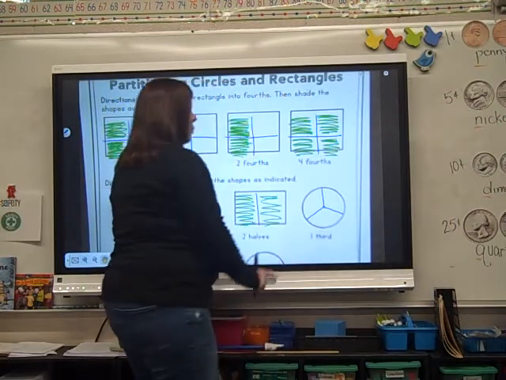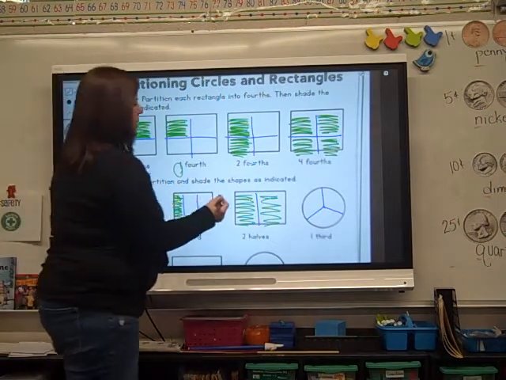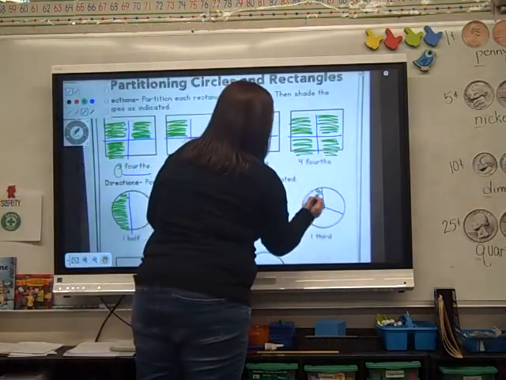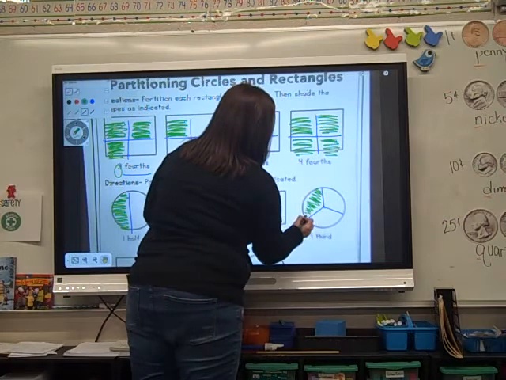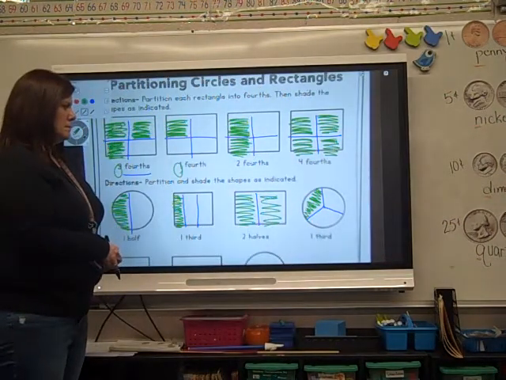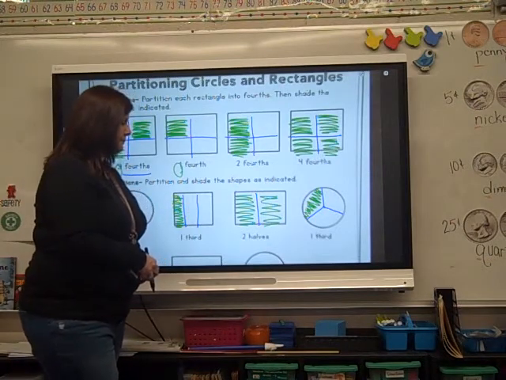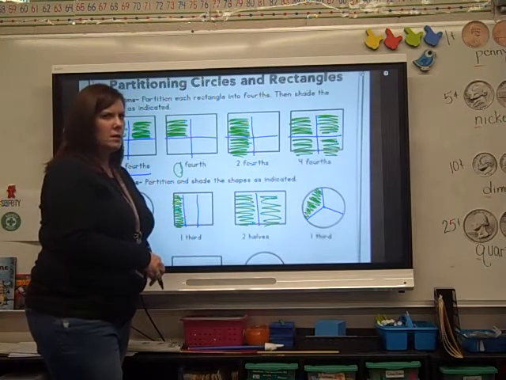And you color 1/3. Color 1 piece. Okay? That one's hard. That one's hard to do in thirds. I think thirds are always hard to cut.